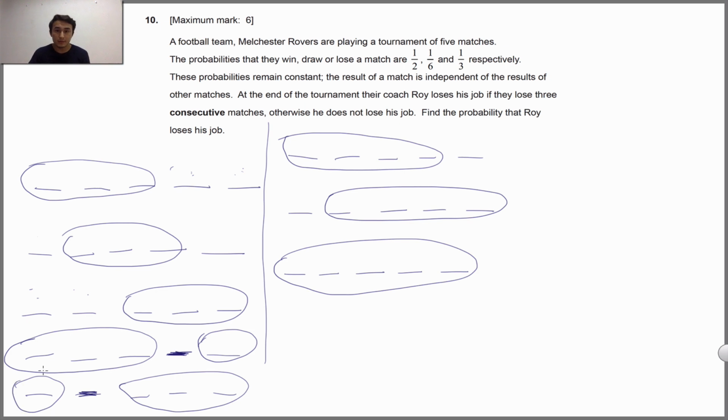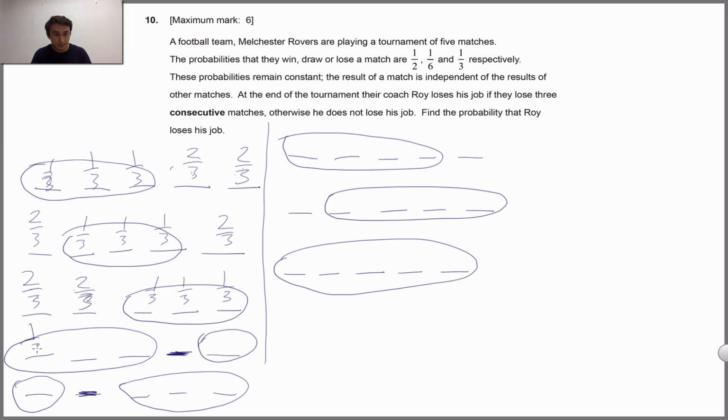Okay, what's the probability of losing a game? It's 1/3, so 1/3 here, 1/3 there, 1/3 there. These 2 games are not lost, so it's 2/3, 2/3. So 1/3, 1/3, 1/3, 2/3, 2/3.